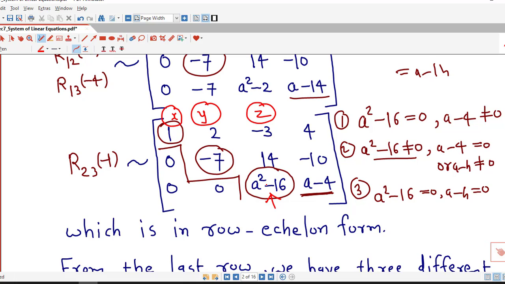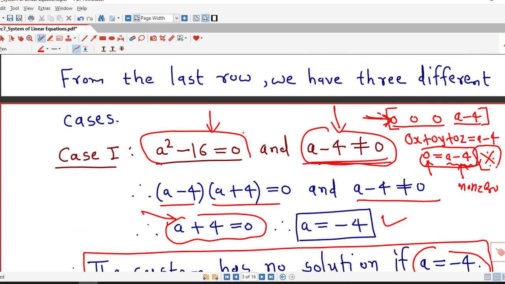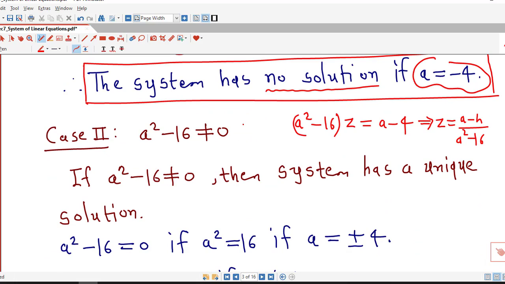So if a² − 16 is non-zero, x, y and z become leading variables, or there is no free variable. So for a² − 16 not equal to 0, the given system has a unique solution, or exactly one solution.